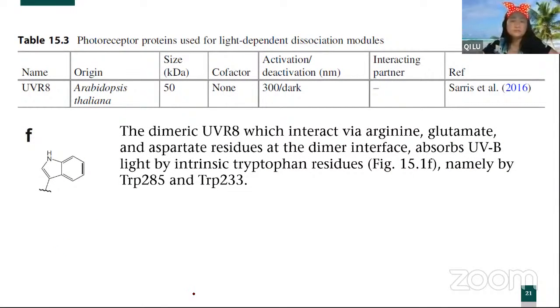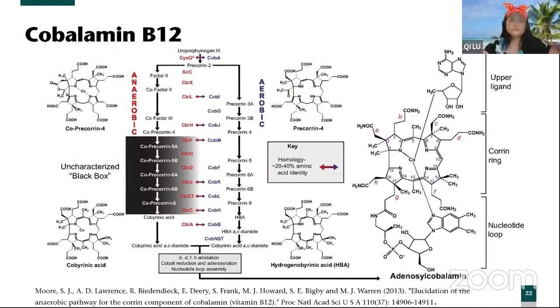UVR8 is a dimer that interacts through arginine and glutamate residues at the dimer interface, absorbing UVB light through intrinsic tryptophan residues, namely tryptophan 285 and tryptophan 233. Another chromophore is B12, also known as cobalamin.